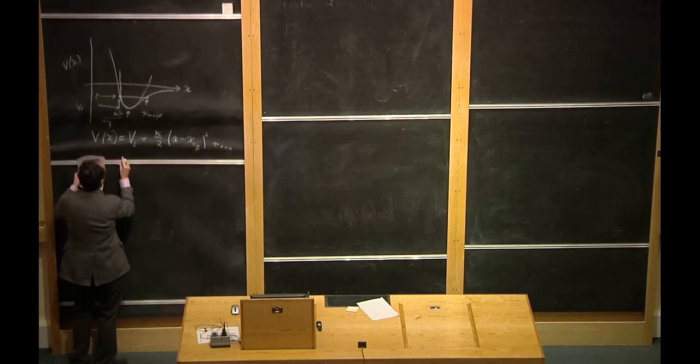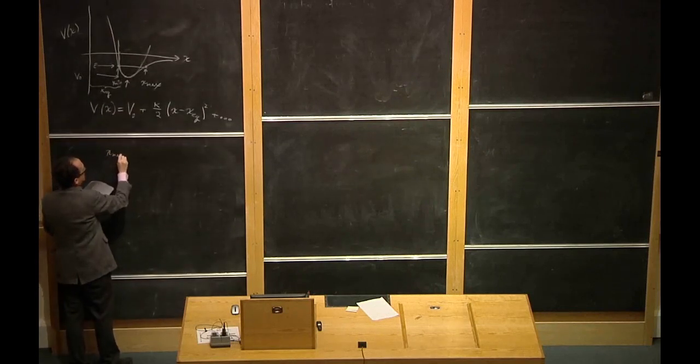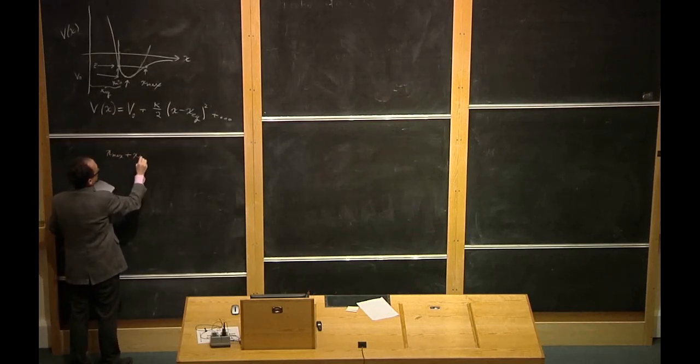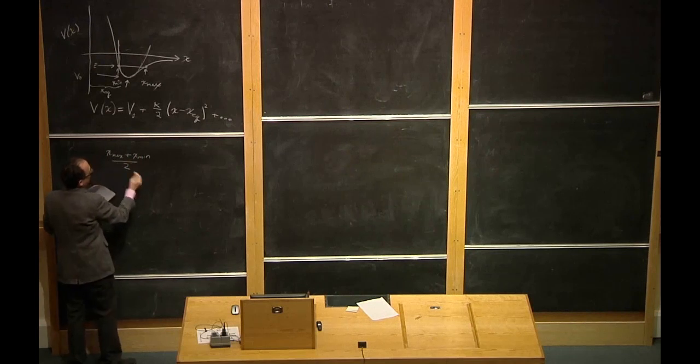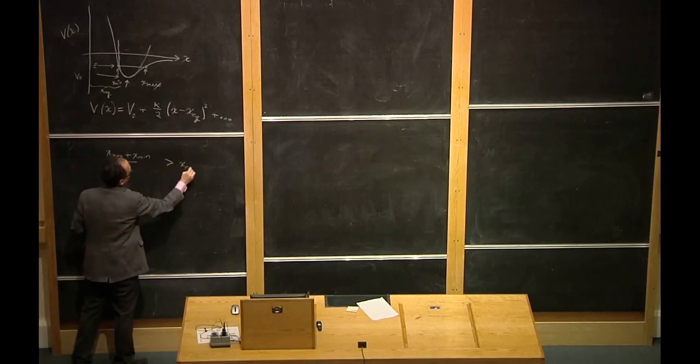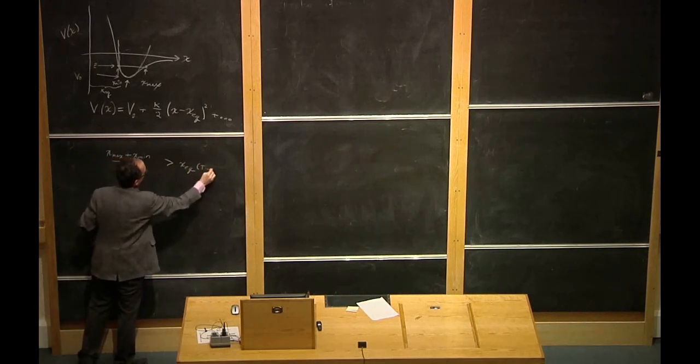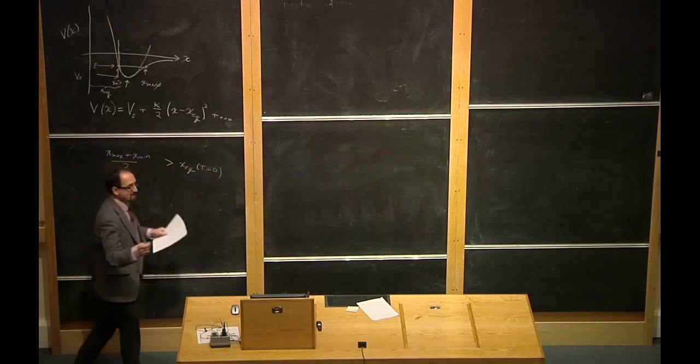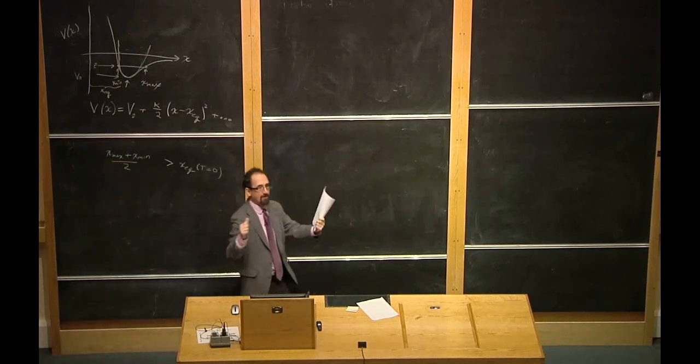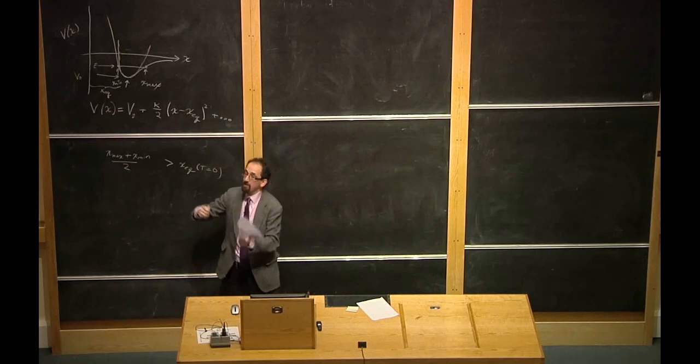In particular, (x max plus x min) over 2 will be greater than x equilibrium at T equals 0. So the average distance that the atoms are from each other when they start oscillating will start to increase.